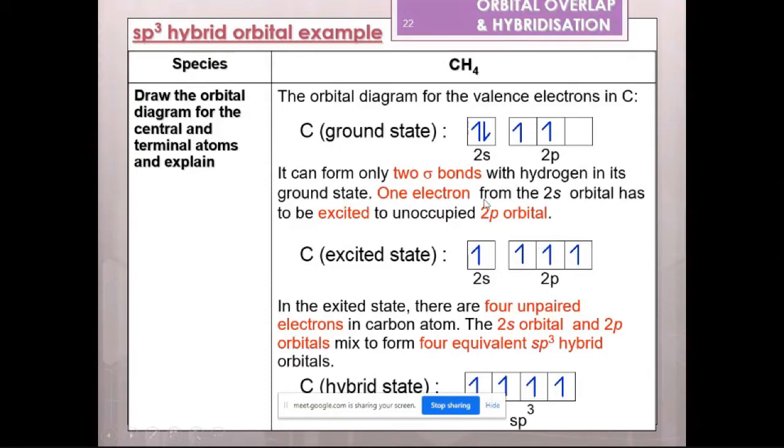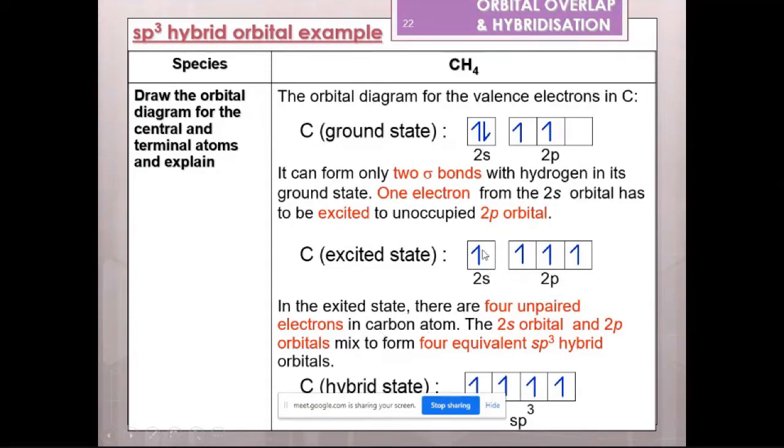That's why it can form only 2 sigma bonds with this ground state orbital diagram with hydrogen in its ground state. 1 electron from the 2s over here has to be excited to this unoccupied 2p orbital. So in the excited state, there are 4 unpaired electrons in the carbon atom.